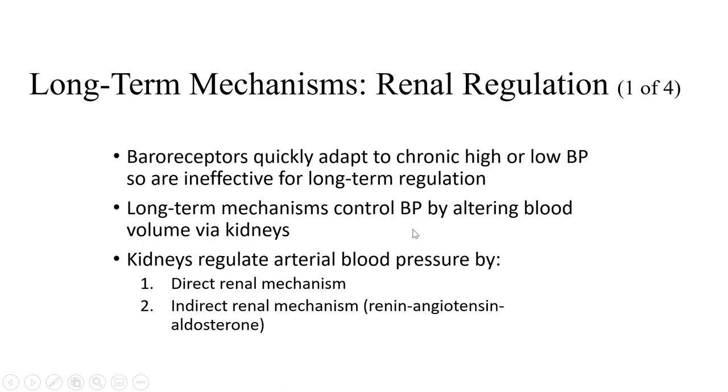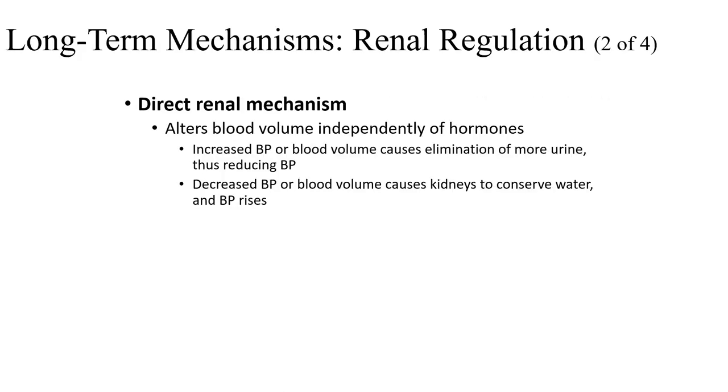So the kidneys are very important in regulating arterial blood pressure. They regulate it directly by the direct renal mechanism, and indirectly by the renin-angiotensin-aldosterone mechanism.